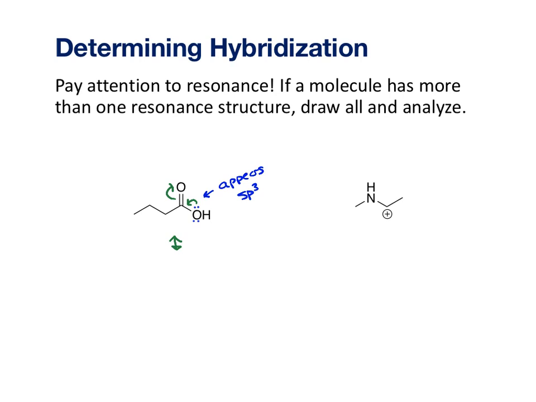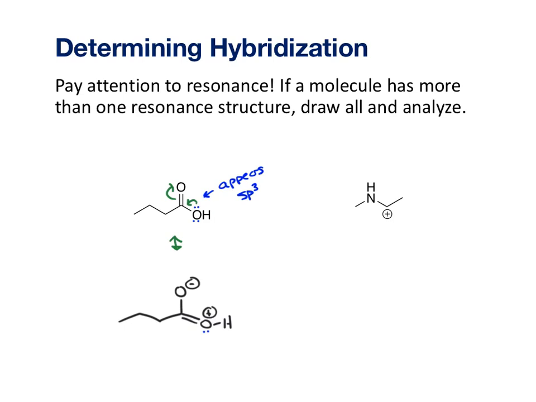When we do that, we get this. We used one of those lone pairs to make the pi bond, one still remains.